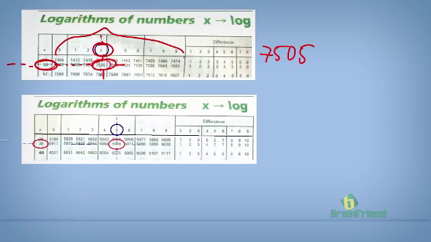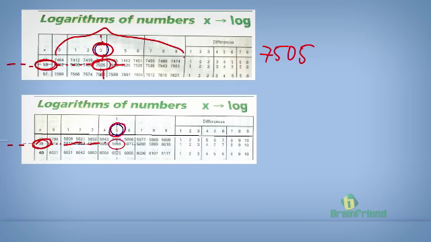So we have the first 2 digits again as 39. We trace our row 39 down and also find the third digit 5, which is looked up from our general column here. If we trace the column down to meet with our row, the intersection of row and column would give us the value 5966.